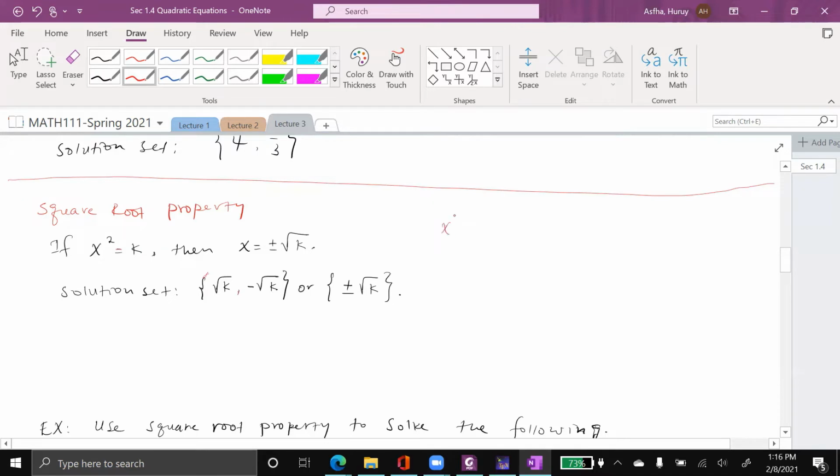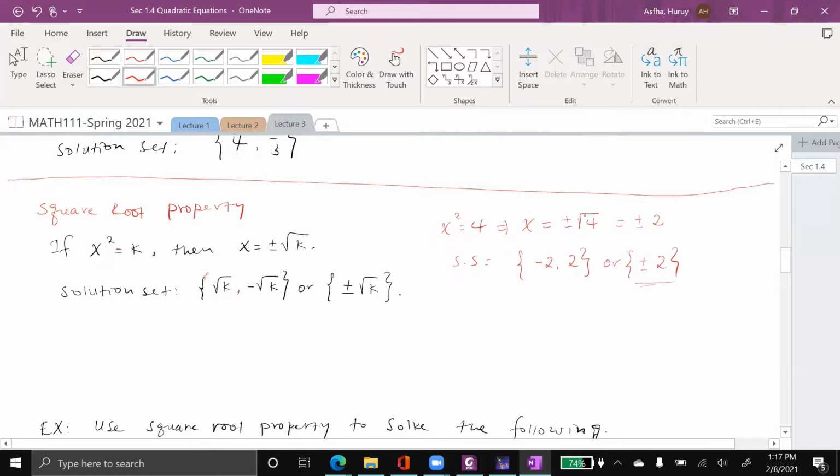So for example, if you have x squared equals 4, then x is plus or minus root 4, and we know root 4 is 2, so this is plus or minus 2. Therefore, the solution set is -2 and +2, or in short, we write it ±2.